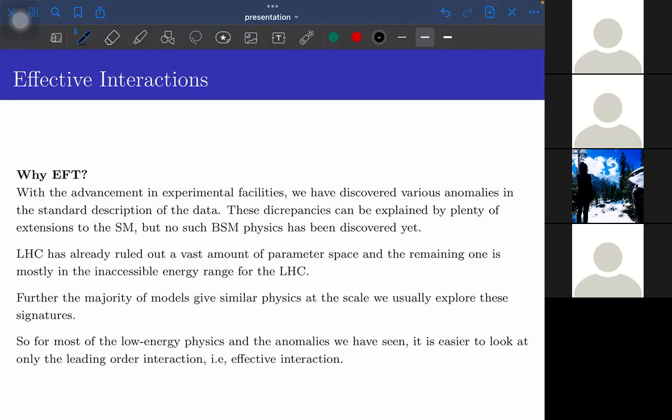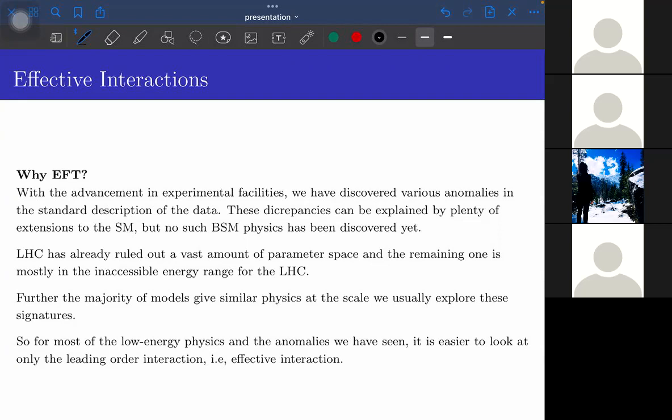Now the colliders have already explored a large mass range, a large energy range. If we are observing some other observable, say B physics, these are low energy observables. So we don't need to stick to the whole UV complete model. It is unnecessary to work with the whole spectrum of particles; we can just work with the necessary degrees of freedom at the low energy scale. So you can integrate out the higher degrees of freedom.